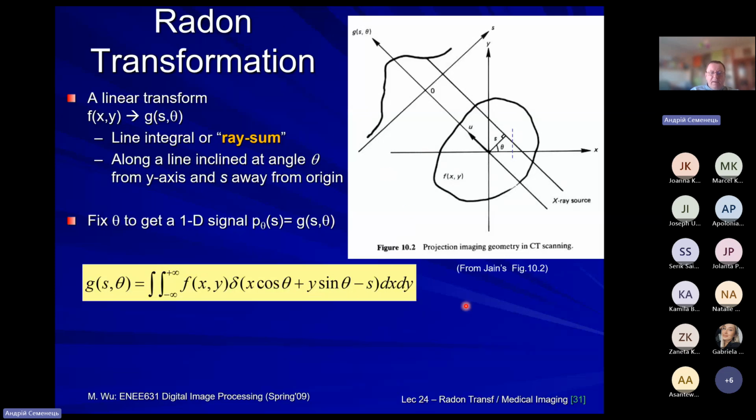So now some brief points about the mathematics. The Radon transformation gives us a function which describes the projection of an image. In fact, it's the result of an X-ray or tomography scan.